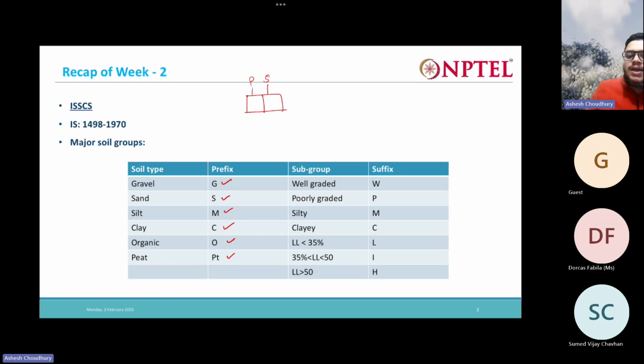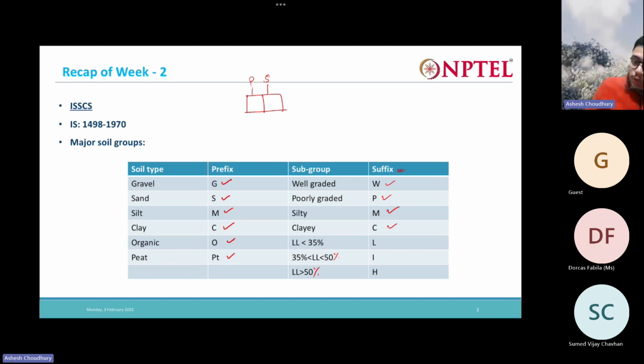Then you have whether the soil is silty or clayey, and whether the liquid limit of the soil is less than 35%, between 35 to 50%, or greater than 50%. In that way we are going to assign the suffixes: W for well graded, P for poorly graded, M for silty, C for clayey.